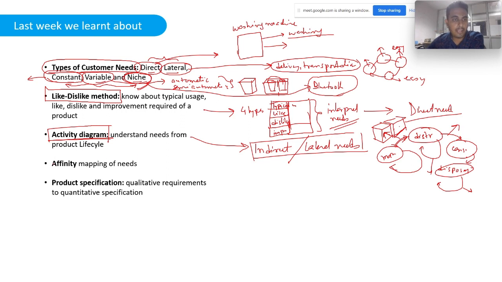Okay, and what is affinity mapping? Okay, let me answer. Affinity mapping is basically useful when we have a lot of indirect needs and we try to categorize certain needs into a higher order need statement.